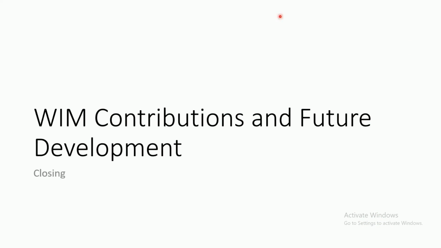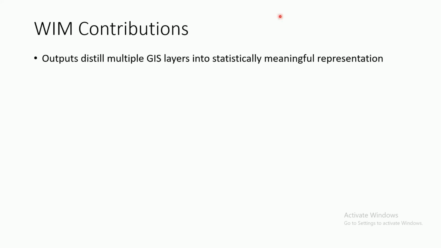Okay, and now just a couple of minutes to close us out here and then leave some time for Q&A. I want to revisit now, what are the contributions of WHIM in its current state, and where are we headed for future development? So number one, remember that WHIM outputs offer a way to distill multiple GIS layers into a statistically meaningful representation.